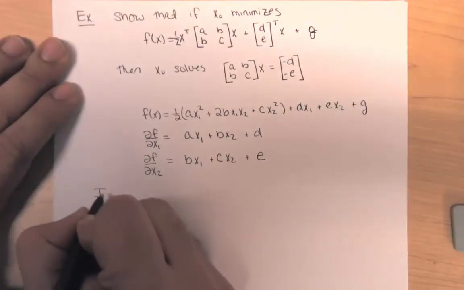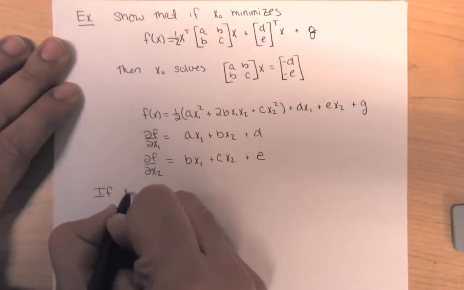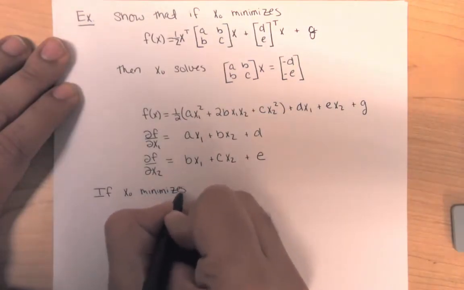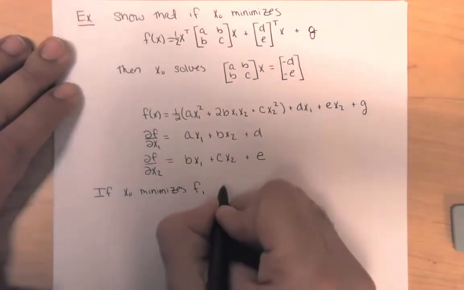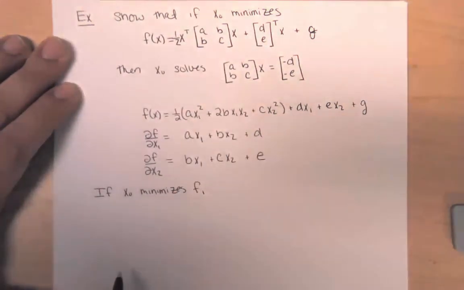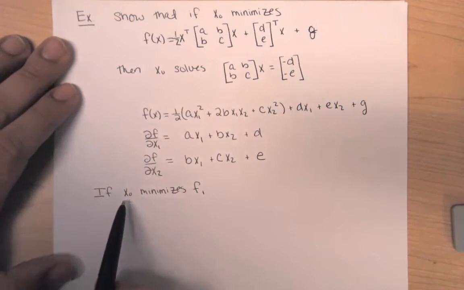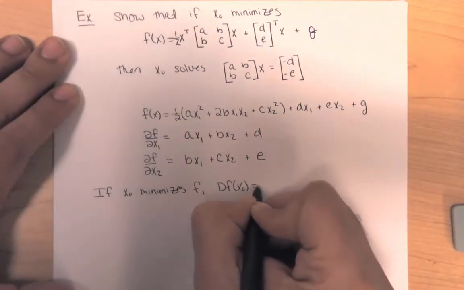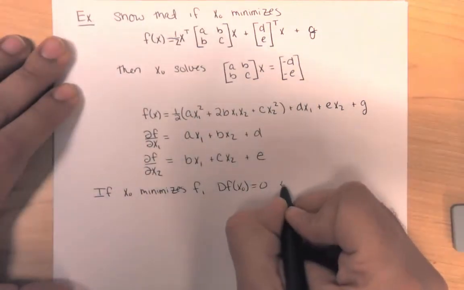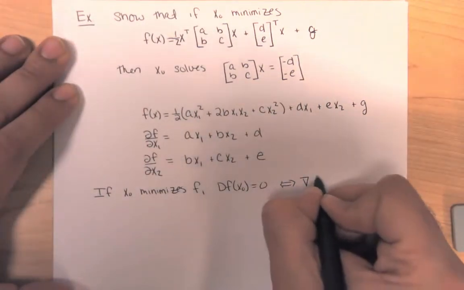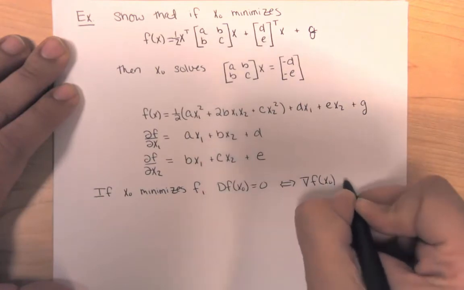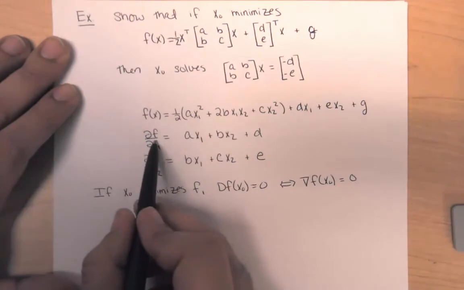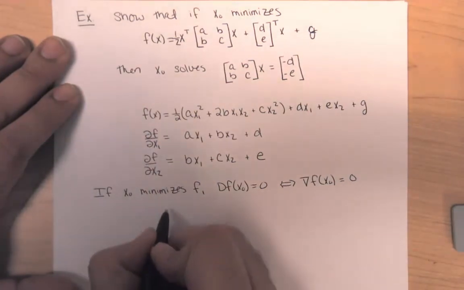So if x0 minimizes f, and f is defined for all of R squared, the derivative of f at x0 equals 0, which is equivalent to saying that the gradient of f at x0 is equal to 0. Of course, the gradient has as a first entry this and a second entry this.